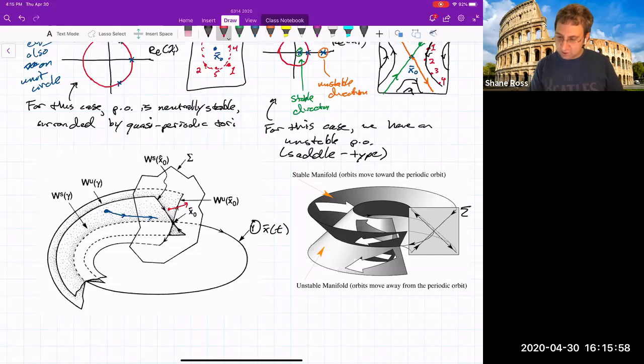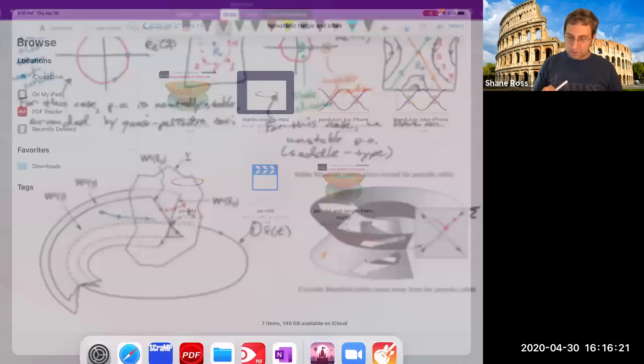If I had an initial condition that was exactly along the stable manifold, then it kind of goes around, it'll come back and be closer along the stable manifold, having the distance shrinking exactly according to what the Floquet multiplier says. I've got a video that kind of shows this.